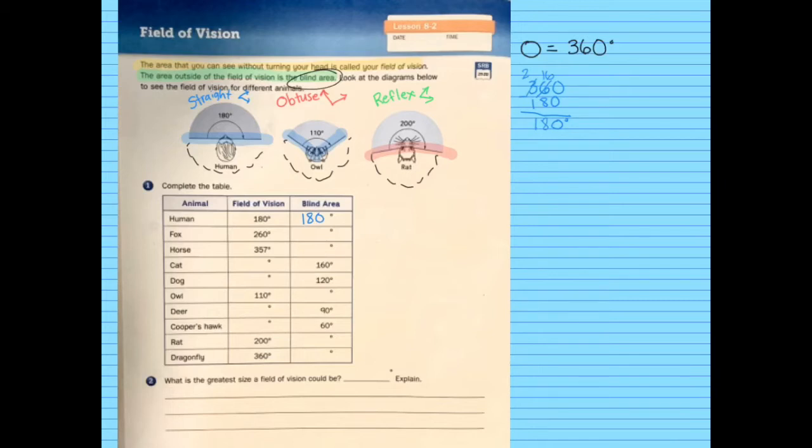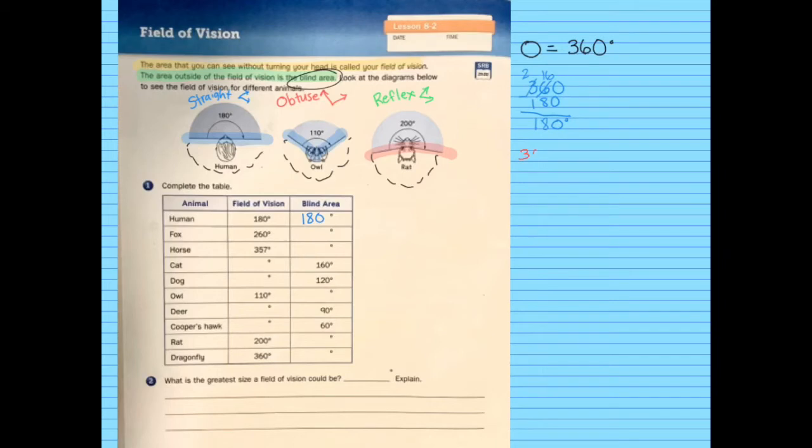So if a fox can see in a 260 degree field of vision, all we need to do to figure that out is take 360, our good trusty circle angle measurement, and subtract it from 260. Now, some of you might be able to do that in your head, but it's always good to practice and show your work.